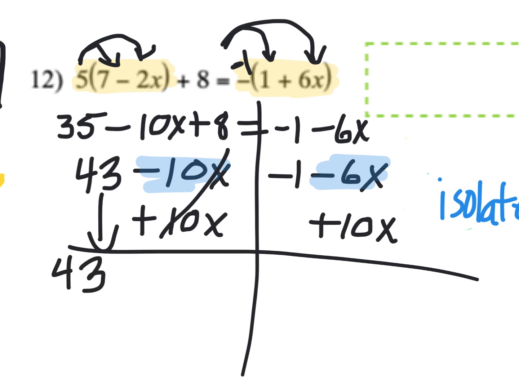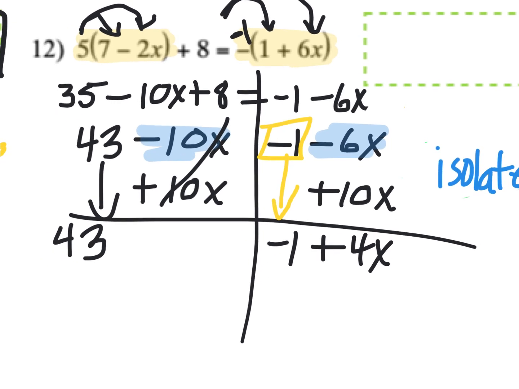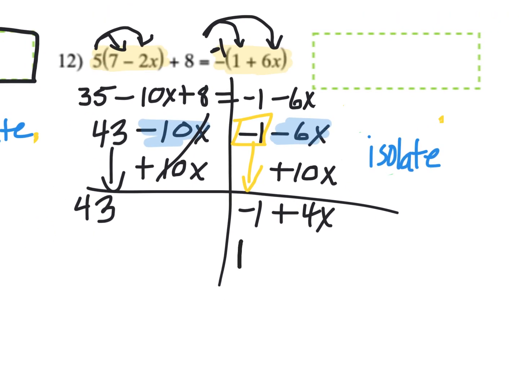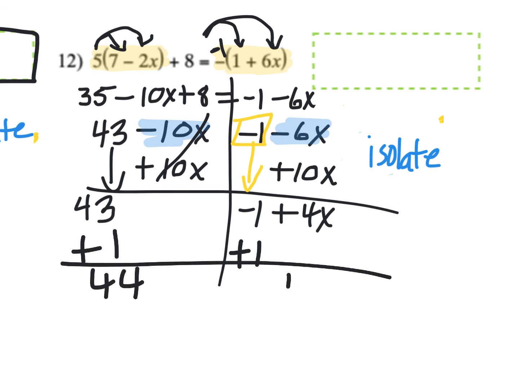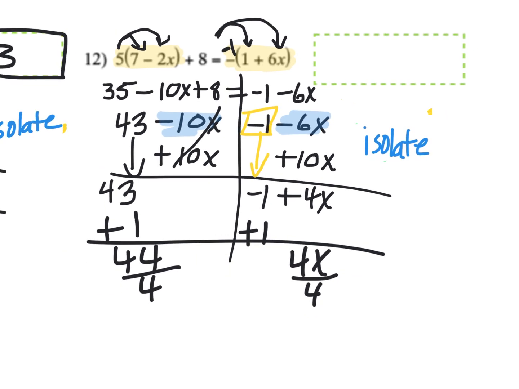That's going to cancel. Over on the right-hand side, I've got that -1 that needs to come down. And then I have -6 plus 10x, which is plus 4x. So the last thing we need to do is to get rid of that -1 with a +1 on both sides. And divide both sides by 4. So we got our final step of 11 is equal to x.